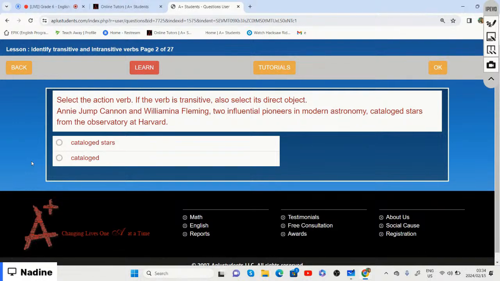So we need to select the action verb. Is it catalog stars, which is both our verb plus our, let's say, direct object? Or is it just cataloged, which is just us selecting the action verb?